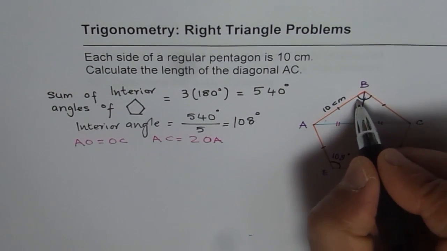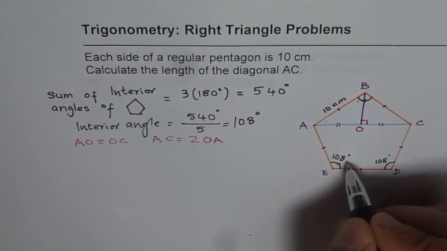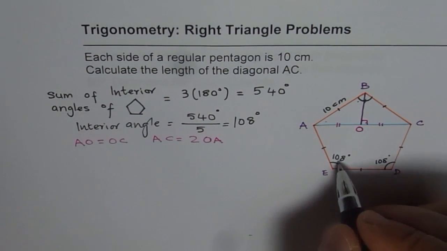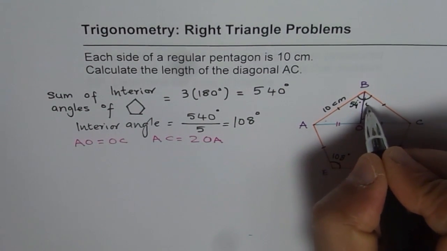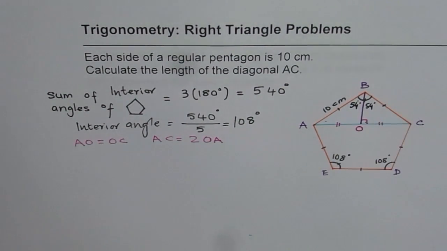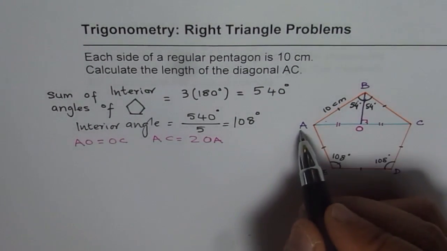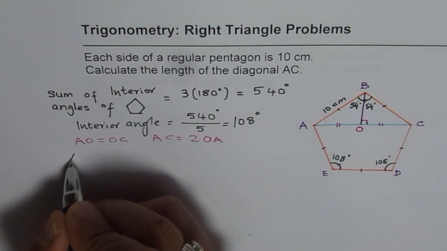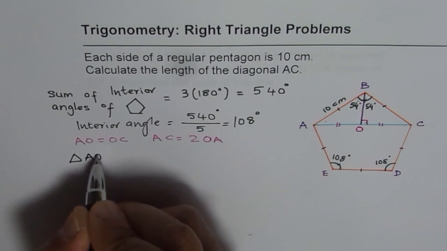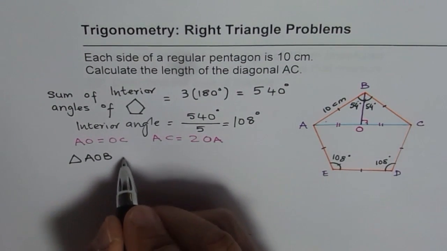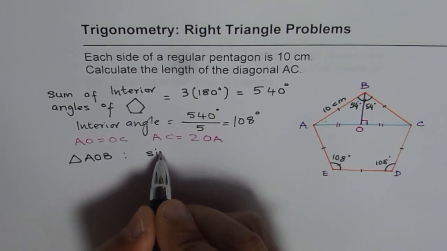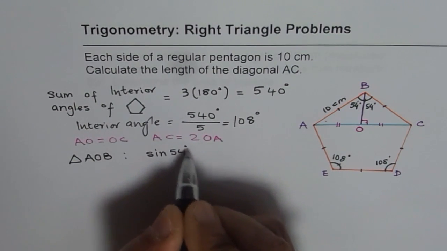Now, this angle is half of 108 degrees. Half of 108 will be 54. So it divides into 54 degrees each. Now, let's consider triangle AOB, which is a right triangle. What is sine of 54 degrees?